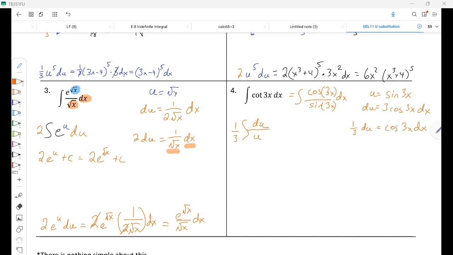This is a good time to talk about it. There's no difference between having 1 over u du, or a lot of times they'll just slide that du up into the numerator. So if the numerator is 1, a lot of times the du just shows up in the numerator instead of tagged on at the end. Desmos probably doesn't like that, but I'm not really sure. So we'll do that. Antiderivative for 1 over u is ln. Yep.